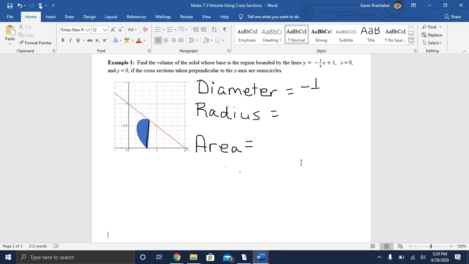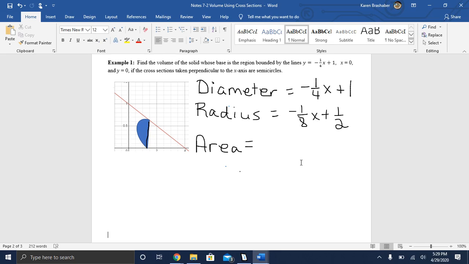And that is just the equation that we were given, negative 1/4 x plus 1. So the radius, which would be half of the diameter, I want to multiply 1/2 through there. And so I would get negative 1/8 x plus 1/2.